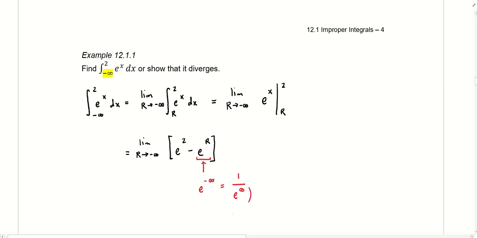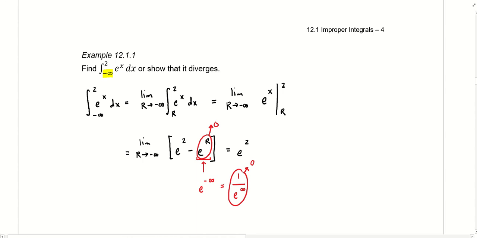So now my denominator is growing without bound. It's increasing without bound. So that means this fraction goes to 0, which means e to the r, my original expression of this, goes to 0. And so all I'm left with is e squared.